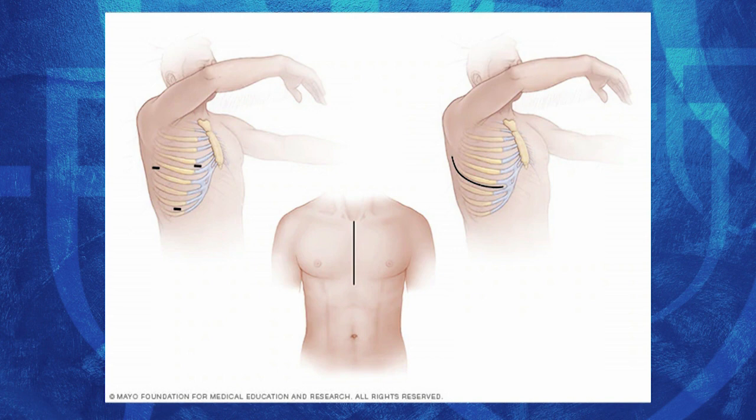And finally, on the upper right hand side, we can see the robotic approach, where we can do this surgery basically completely endoscopically through three or four small port incisions, each about 1 centimeter, and a 2-centimeter incision in the middle of the chest that helps us with the access, which we call the working port.